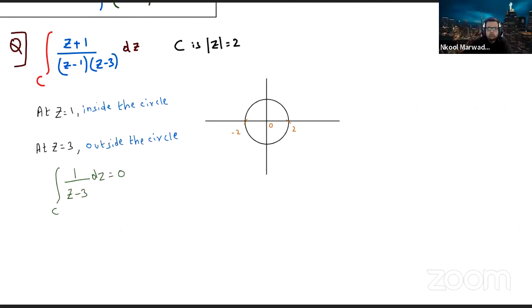So the final integration which we have to calculate is z plus 1 upon z minus 1, z minus 3 dz.